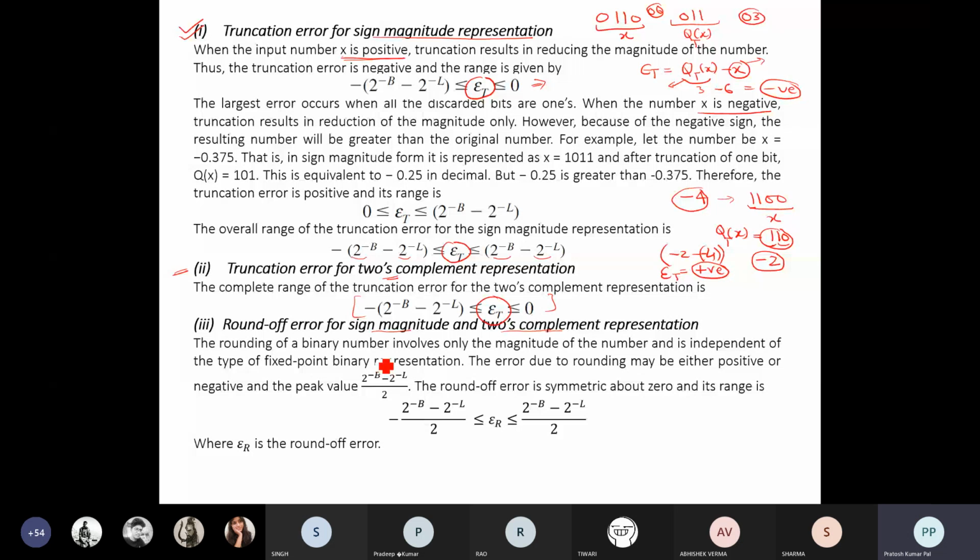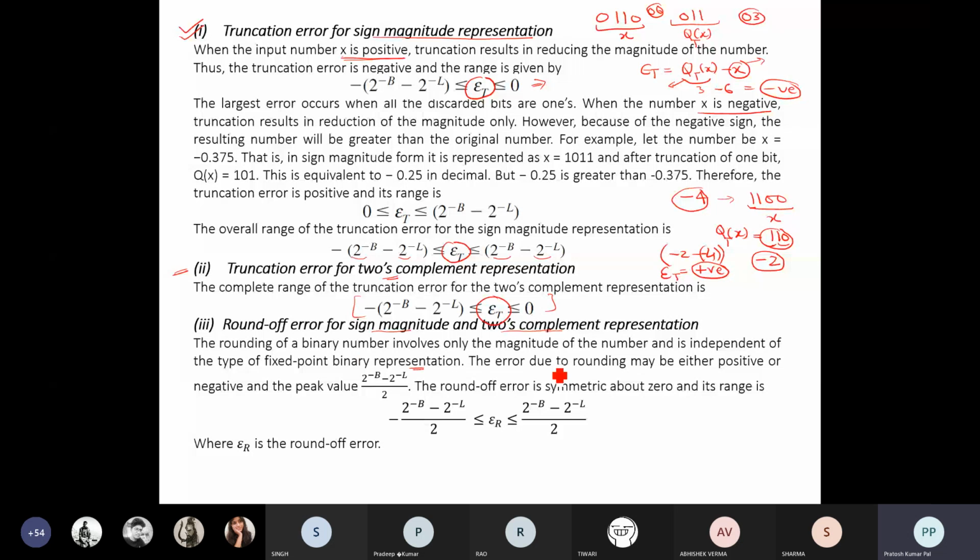So whether we are using sign magnitude representation or 2's complement representation, there is no effect of this type of representation in case of rounding off. Rounding off of a binary number involves only the magnitude of the number, and it is independent of the type of fixed point binary representation that we are dealing with.